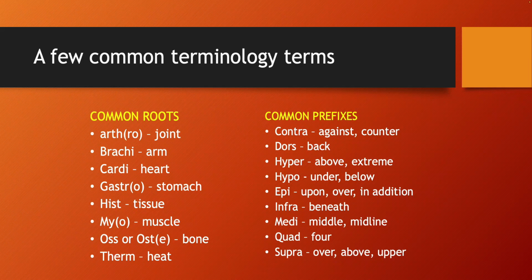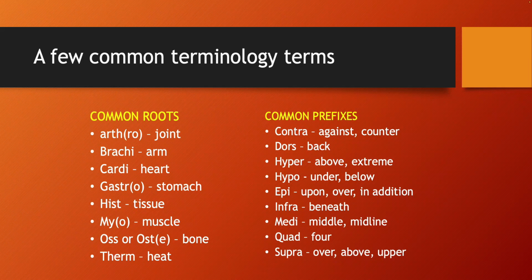So contra. When I say contraindicated, contra means against or countering. So that means I am against you massaging somebody who has a fever. Dors. Think of a dorsal fin. A dorsal fin is on the back.